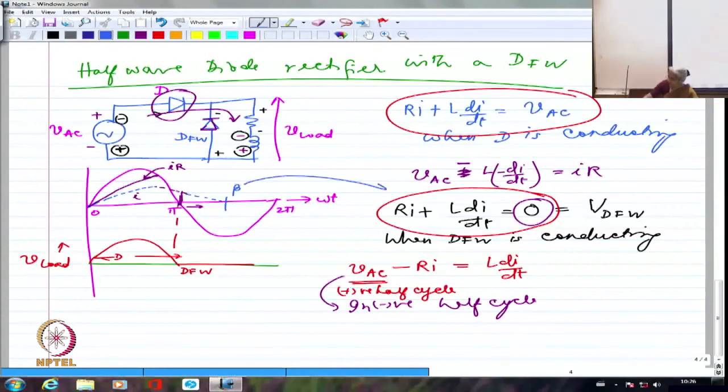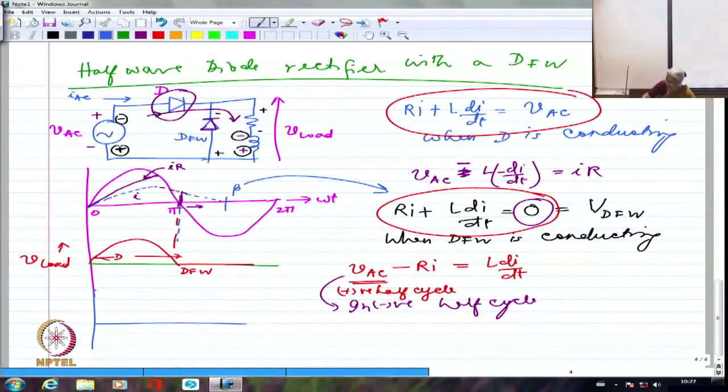Right? So, correspondingly, if I try to look at what is IAC, it becomes somewhat different. It will not be the same as what I had as the load current. I am going to have the diode carrying the current only until this portion, until pi.